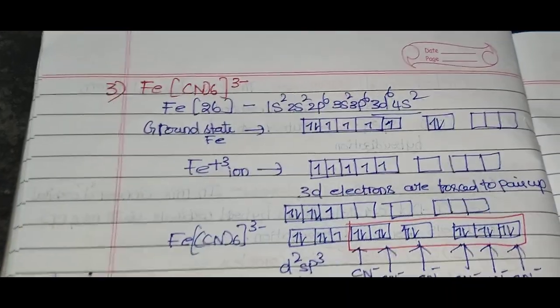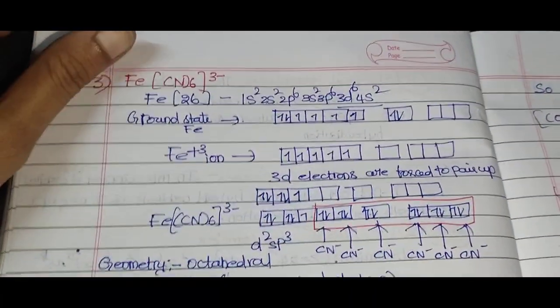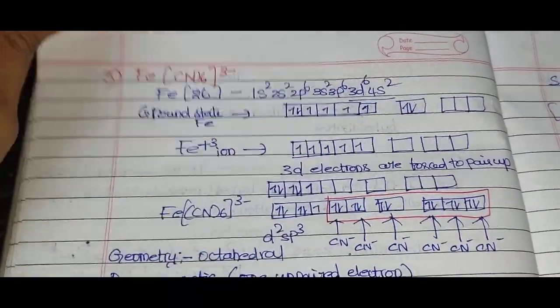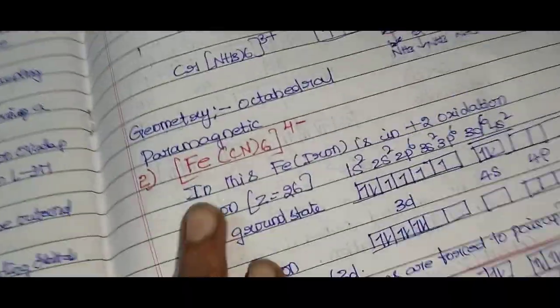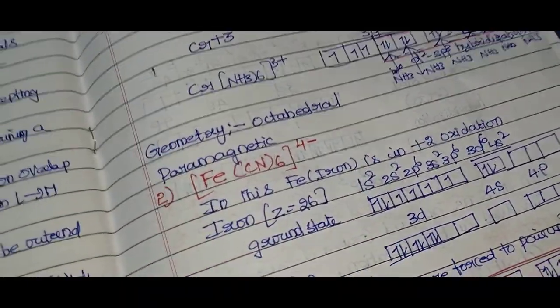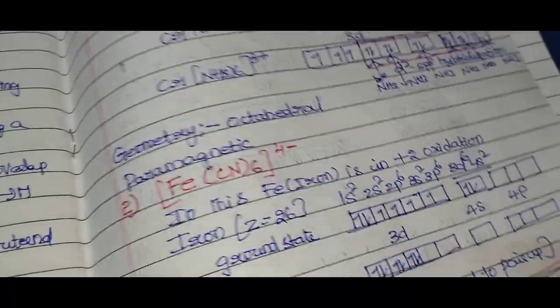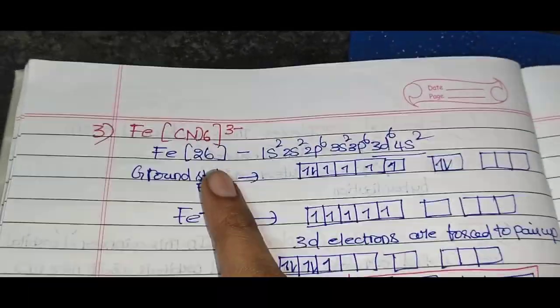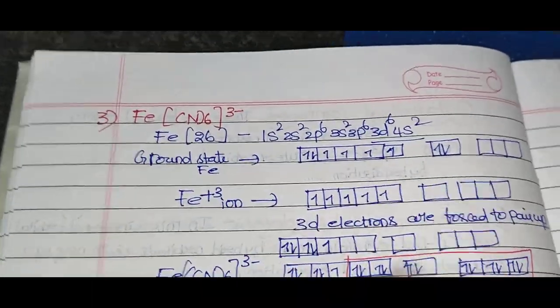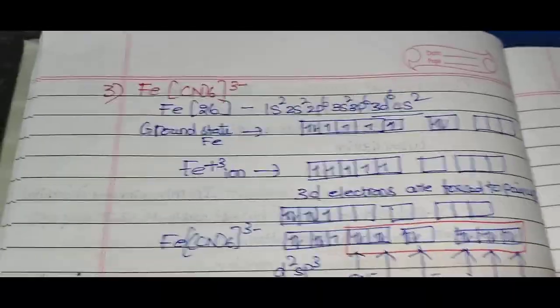Fe(CN)6 3-, the same, only I'm giving a different oxidation state. Before I gave Fe(CN)6 4-, so here I am giving Fe(CN)6 3-. Let's see again. Iron, its atomic number is 26. We wrote the electronic configuration.